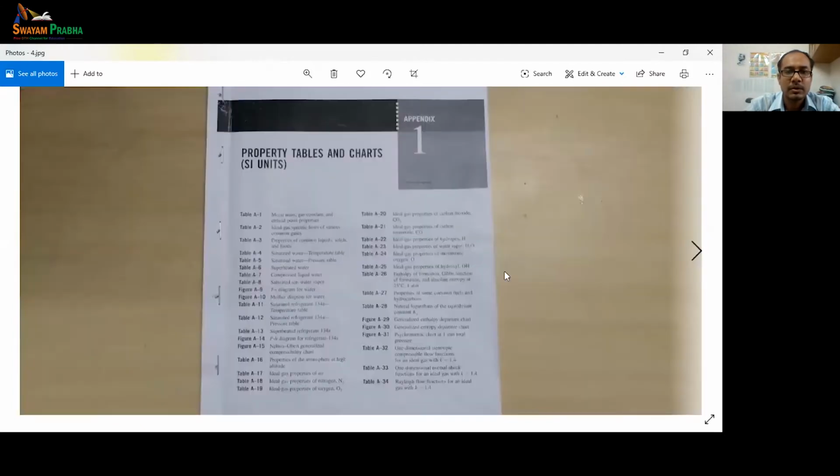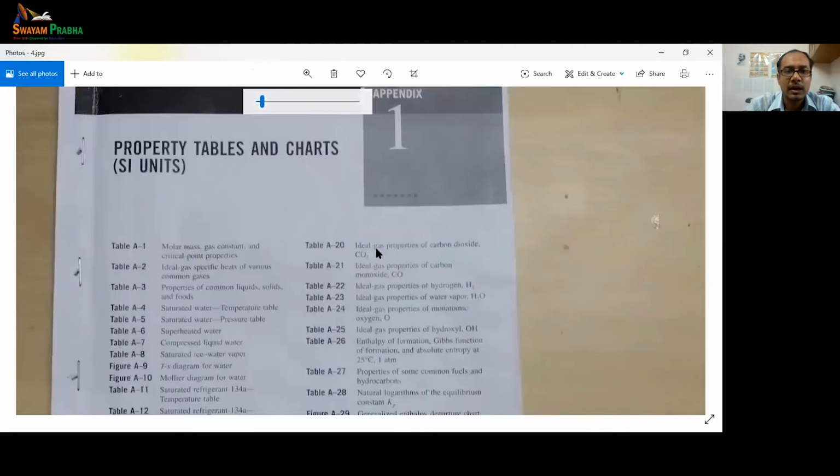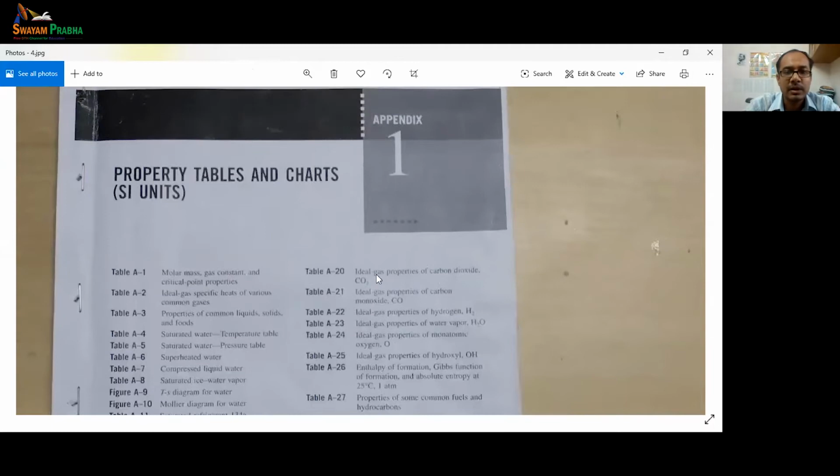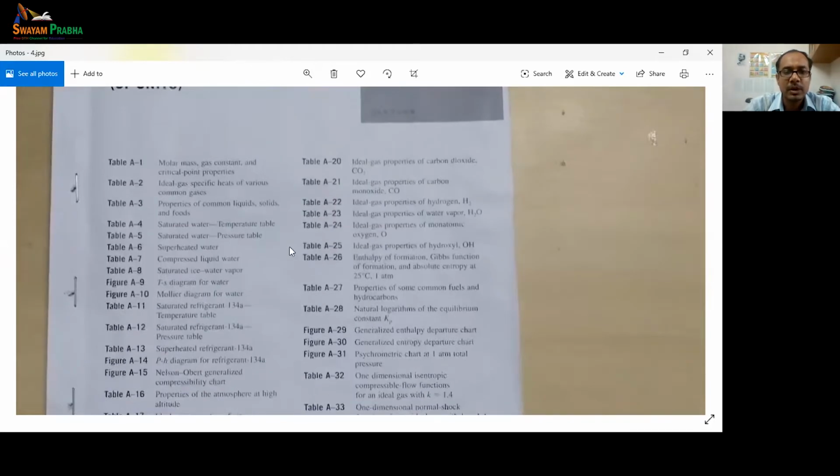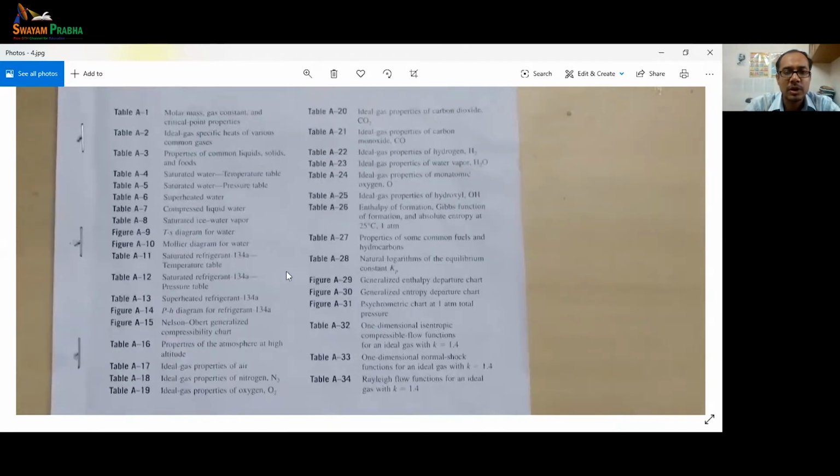Okay. So another thing I need to mention here is that the property tables are given at the end of any thermodynamics book. If you look in the appendix section, you will find the property tables. Okay, we went thoroughly through these tables, how to look them up, in the previous 2 tutorials.